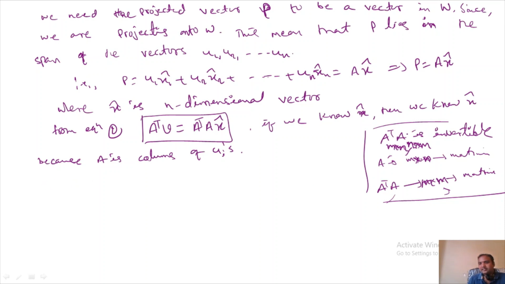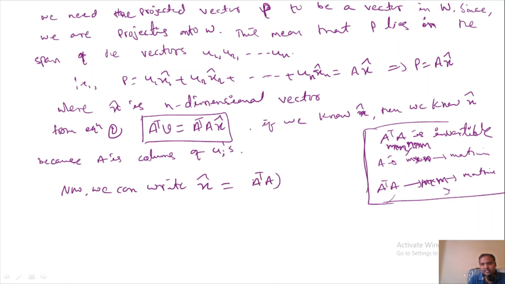You can check this: A transpose A is always symmetric and invertible. Now multiplying by the inverse, we can write x hat equal to (A transpose A) inverse A transpose V.